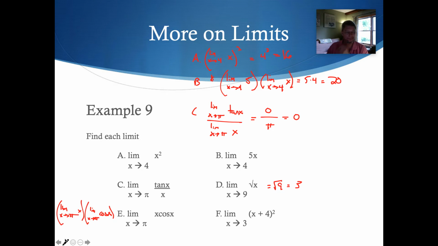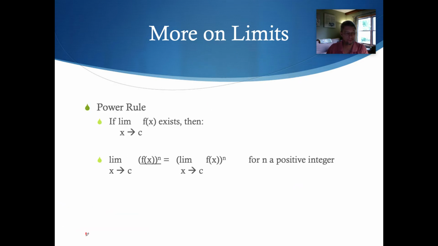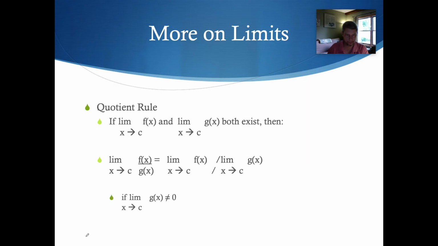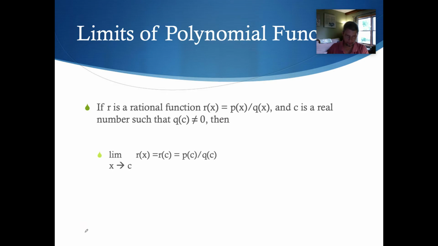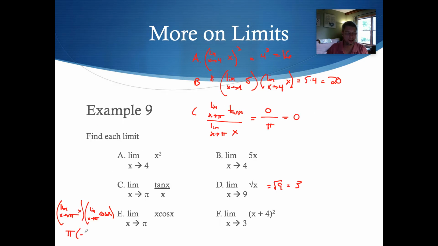Now, in this case, of course, the limit as x approaches pi of x is simply pi. And the limit as x approaches pi of the cosine of x, well, the cosine of positive pi is simply -1. And so this equals altogether -pi. All right, so there's your answer for E.